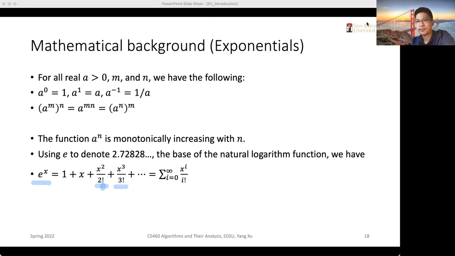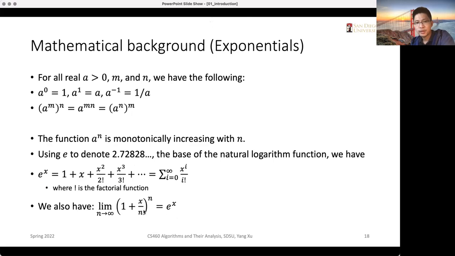We will review these concepts in the next slide, where the factorial function is explained. And if we let n be a really big number, then 1 plus x over n to the power n will be equal to the e to the power x function.